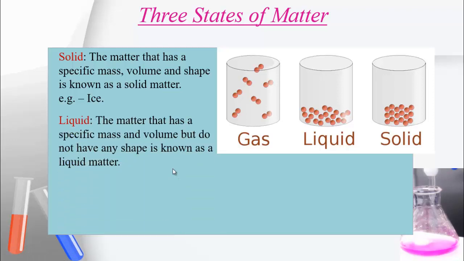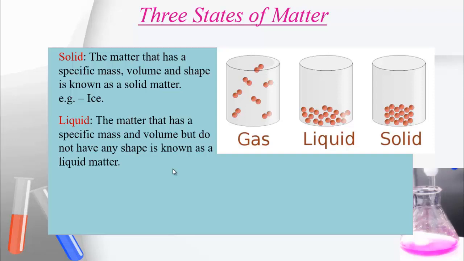Now liquid matter. The matter that has a specific mass and volume but does not have any shape is known as a liquid matter. You have seen liquid substances have a specific mass and also volume, but you have seen that they have no fixed shape.